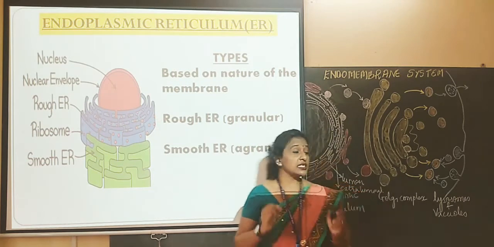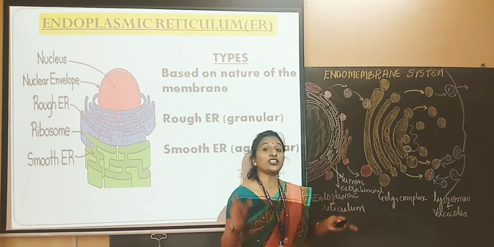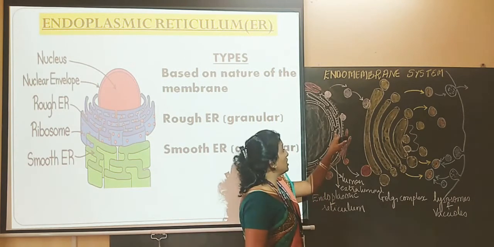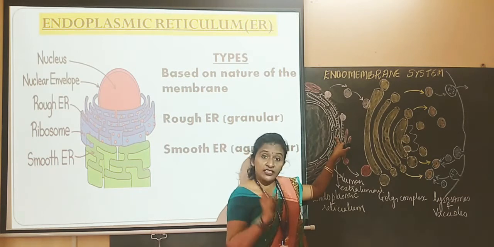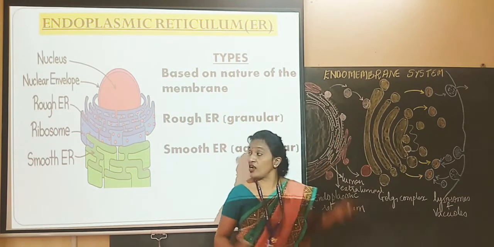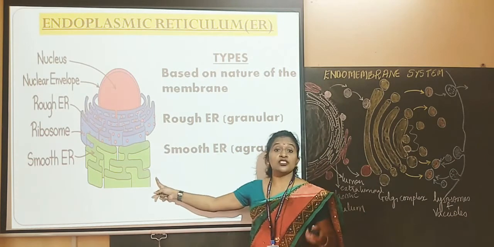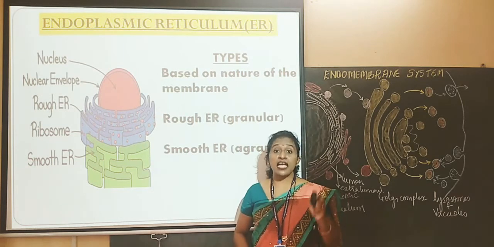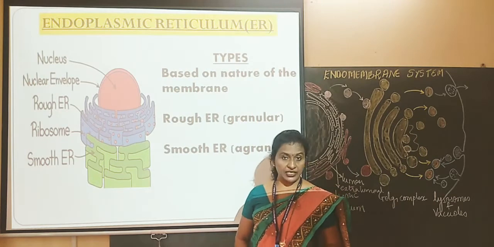These granules are nothing but the ribosomes present on the membrane of the endoplasmic reticulum. The endoplasmic reticulum which has ribosomes on its membrane is called rough endoplasmic reticulum, whereas those which do not possess any ribosomes are called smooth endoplasmic reticulum.